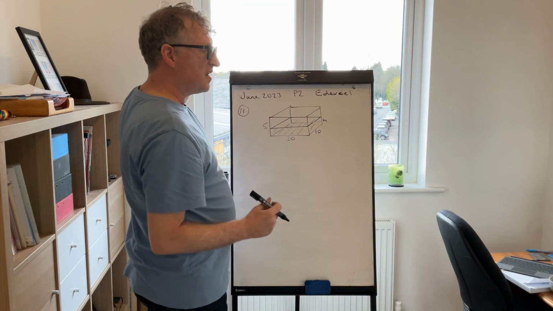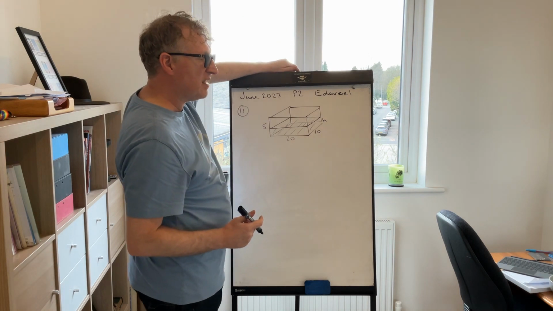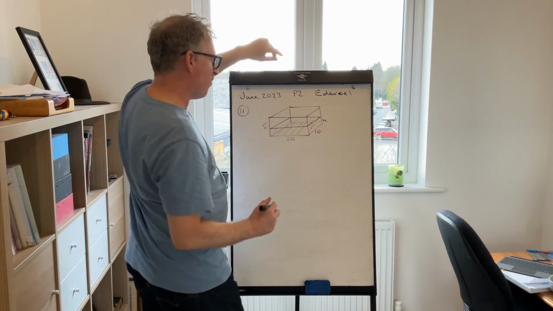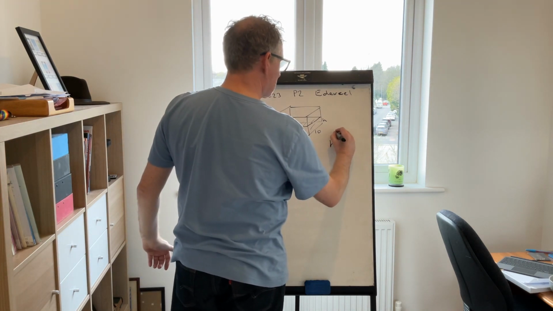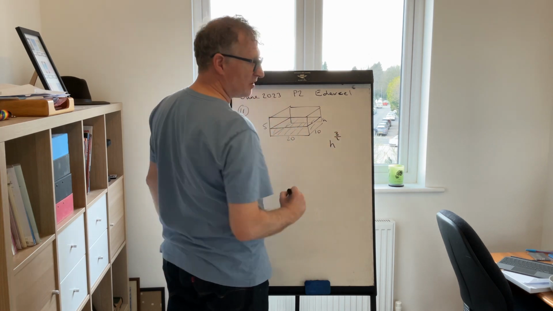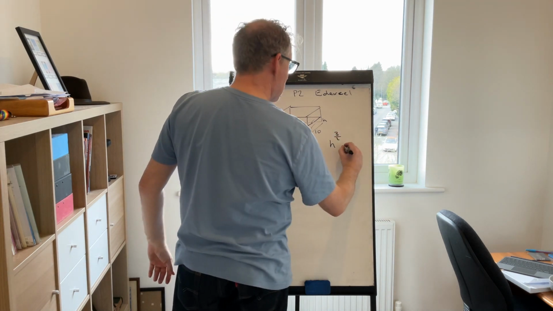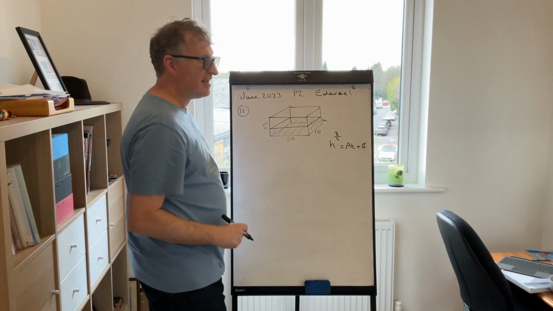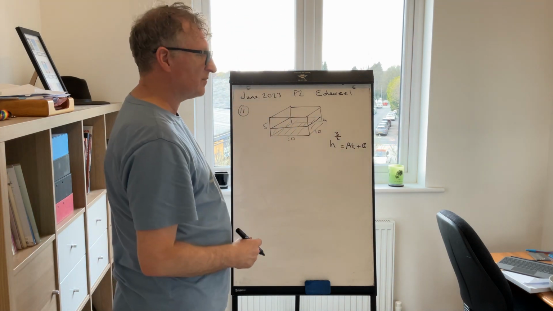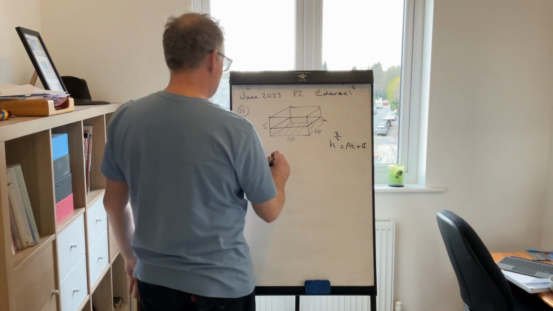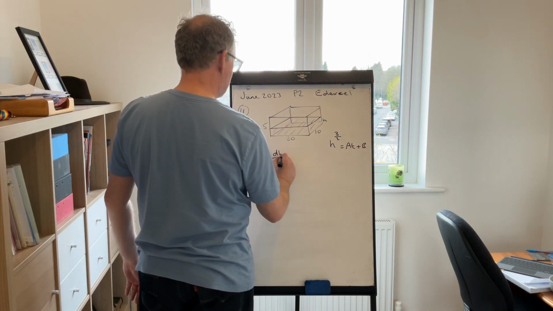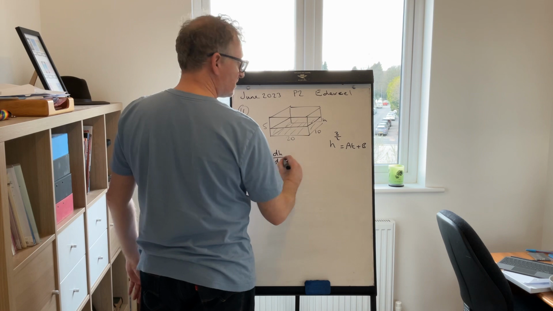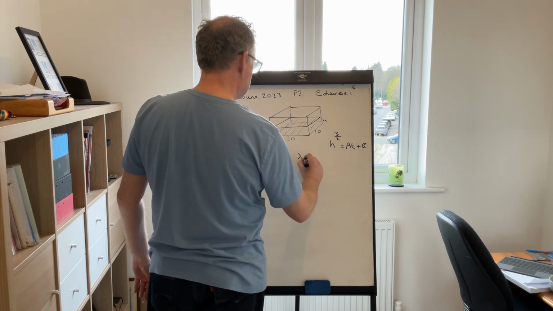Use the model to find an equation linking h with t, giving your answer in the form, so we're aiming for this, h to the 3 over 2 equals at plus b, where a and b are constants to be found. So what they're basically saying there is, let's start solving this. dh by dt equals lambda over root h.